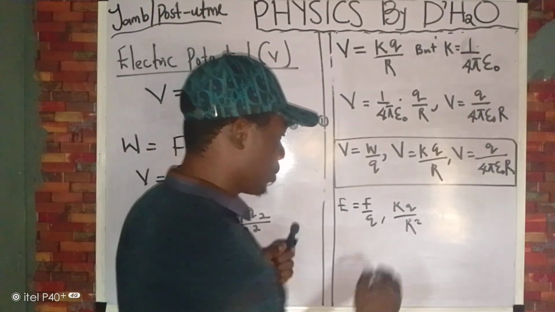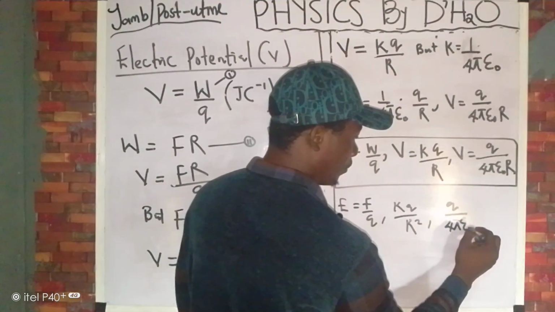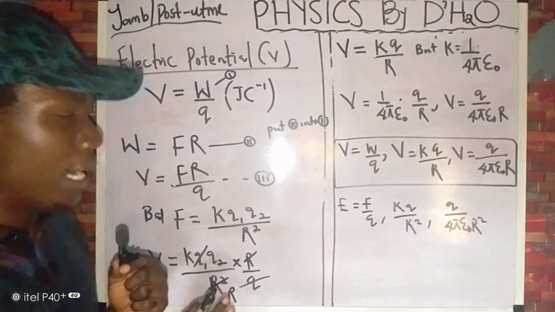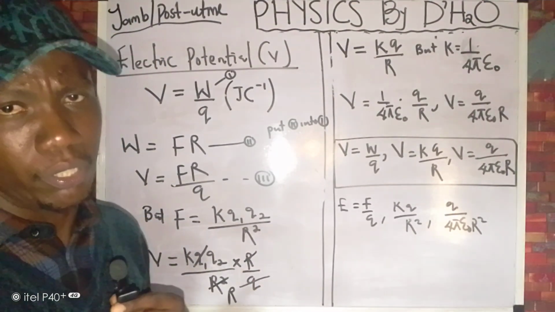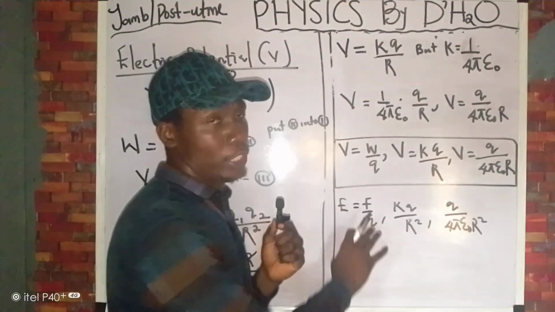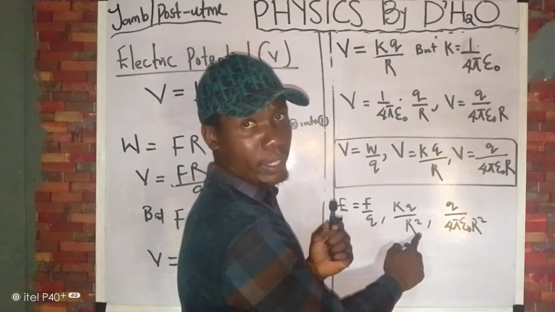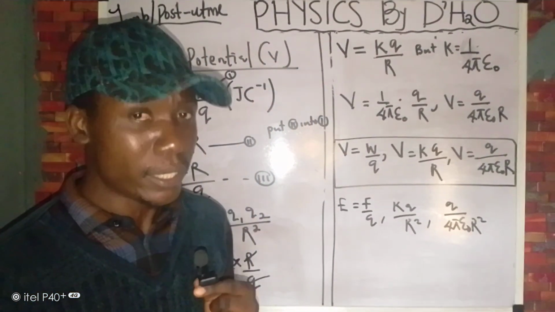The third time we got Q over 4 pi permittivity of free space r squared. You see them now. So the difference between them is that electric field intensity carries a square in its radius, but electric potential does not carry a square. Are you seeing now? Here you have r, but here you have r squared. That's how to distinguish them. They have the same charges. Are you seeing it now?